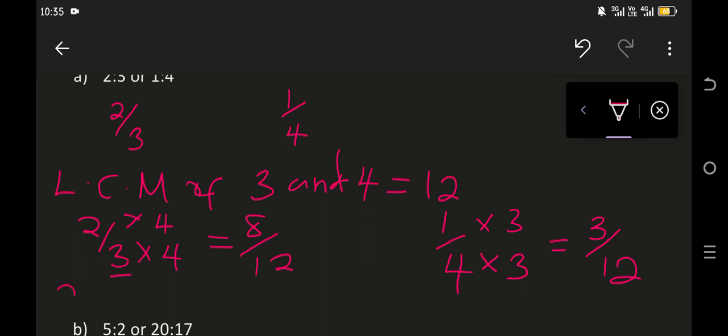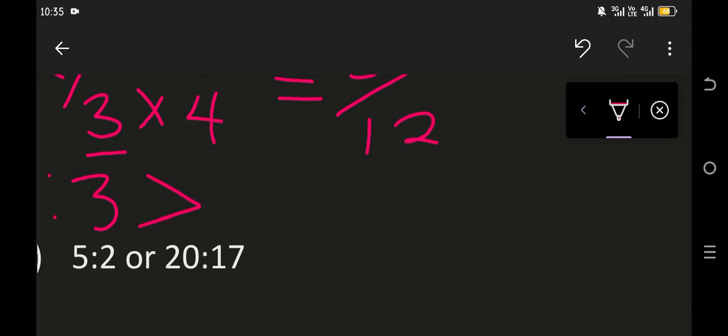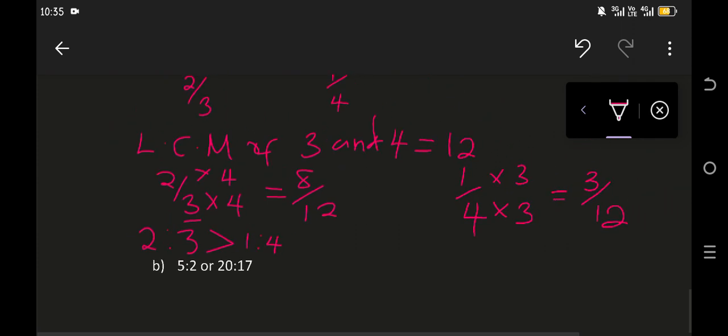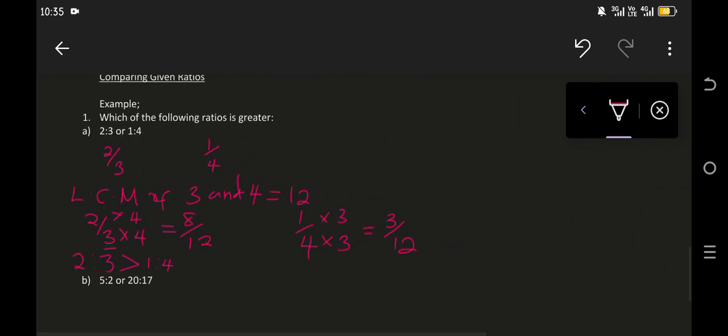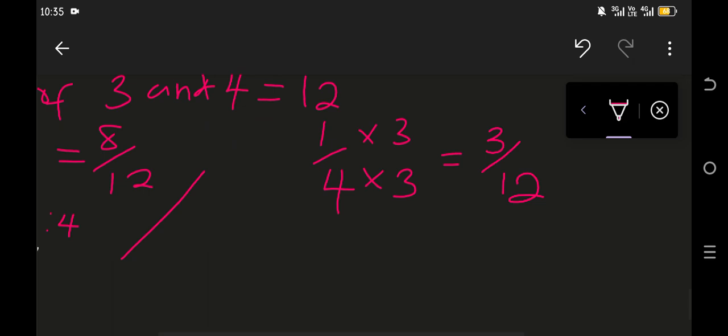So your answer will be 2 to 3 is greater than 1 to 4. You can write it in words. Or you can write 1 to 4 is less than 2 to 3.